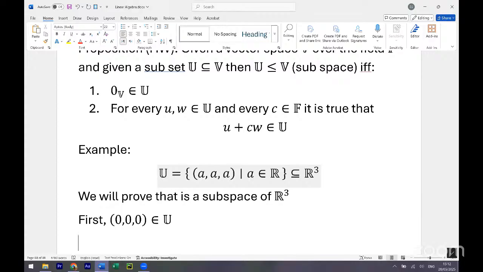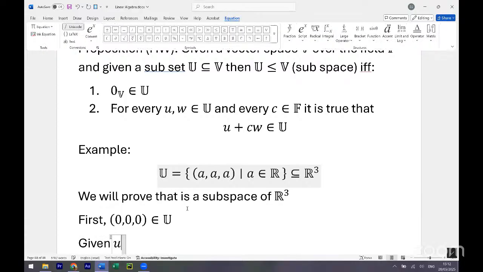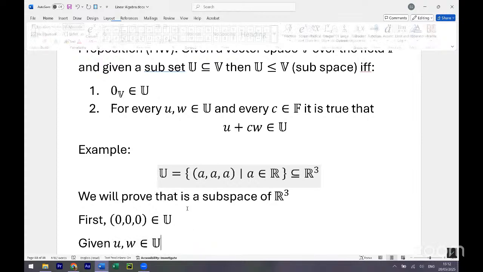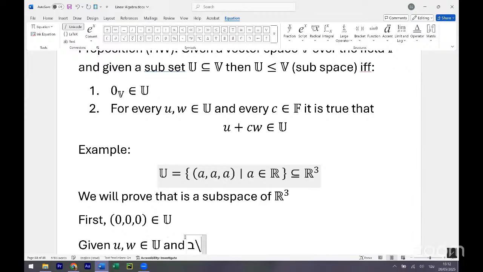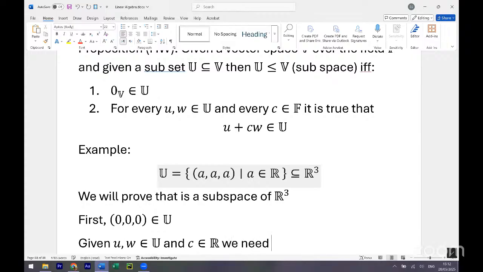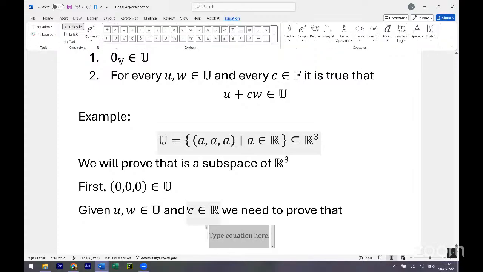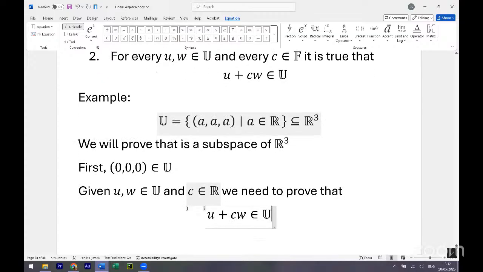Next, given U and W within the subset and c a scalar, we need to prove that U plus cW is within the subset. Okay?